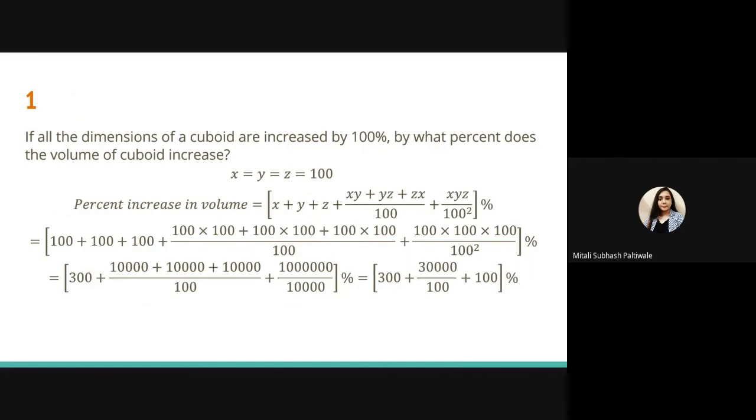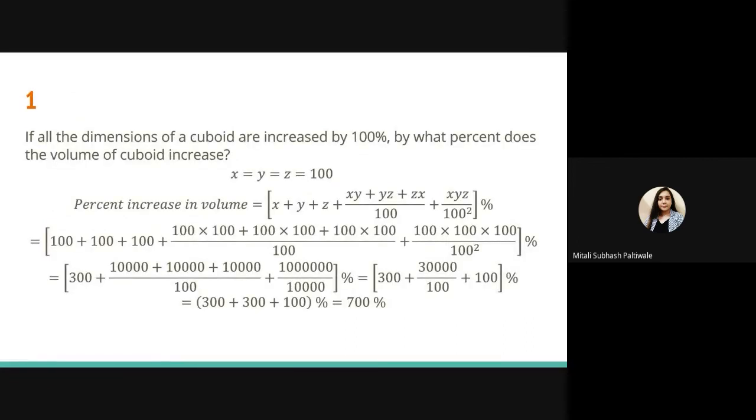Post that we have just put down the values, and that's it. That's the least we could do. Okay, so now after solving, I have got the answer as 300 plus 300 plus 100, which is nothing but 700%.